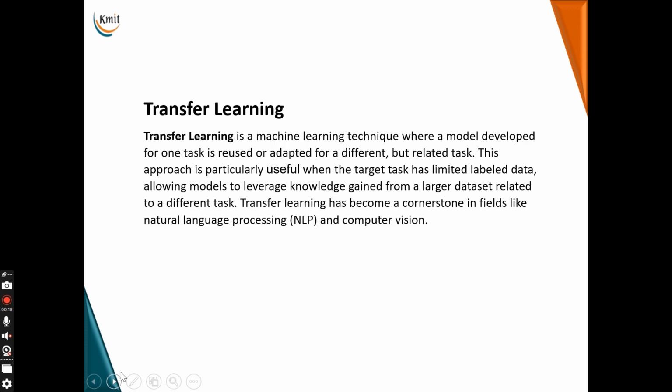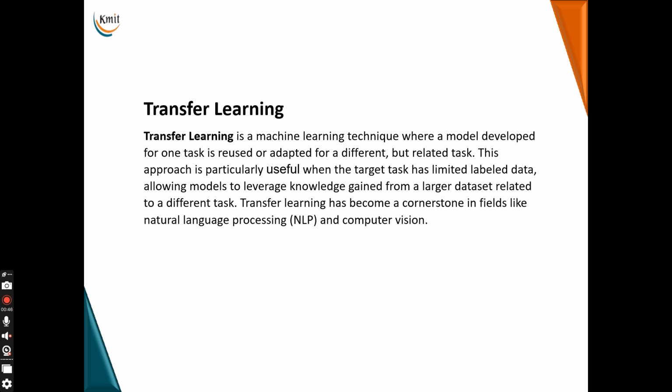So what exactly is transfer learning? It is one of the machine learning techniques wherein you have developed a model for a specific task and the model has learned some knowledge out of that. That can be used or adapted in order to do another task which is related to the previous one.